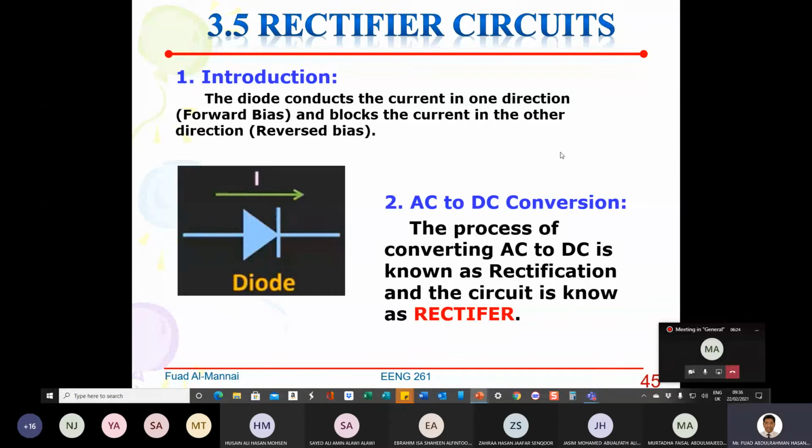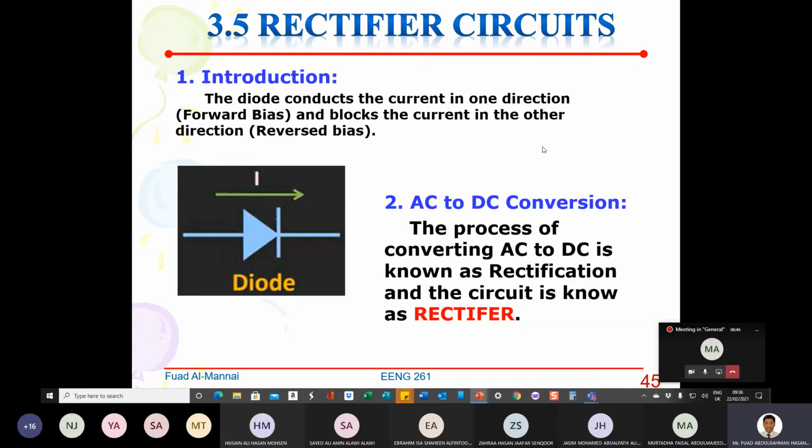The third application, or one of the applications, for the diode is the rectifier. We use the diode in a rectifier circuit.